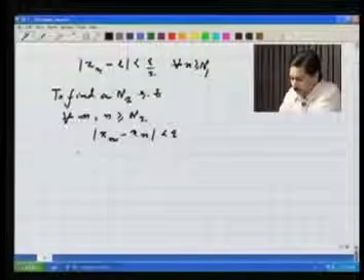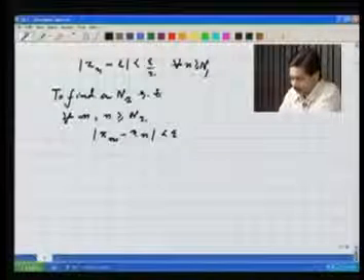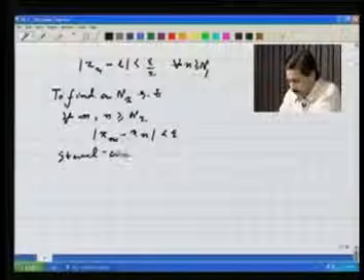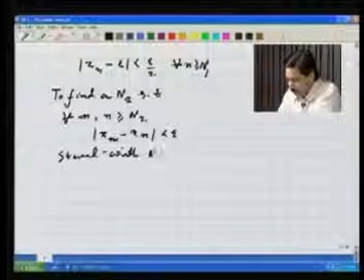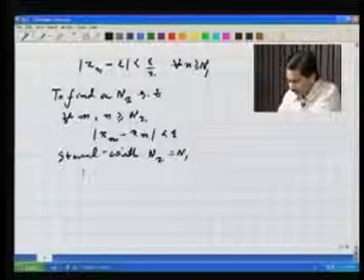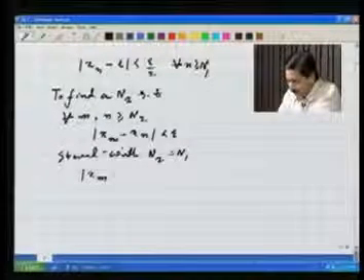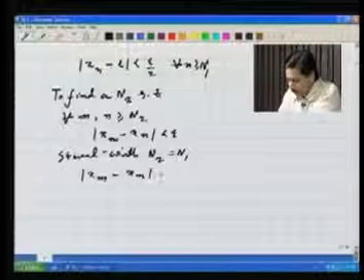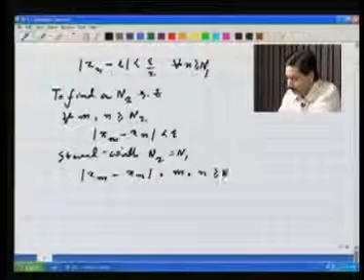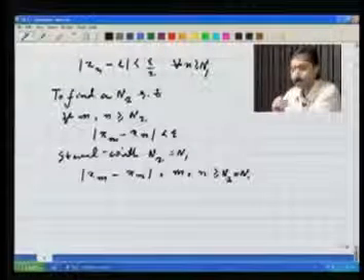Let me start by trying N2 equal to N1, and let's try to estimate the difference xm minus xn where m and n are bigger than or equal to N2, which is equal to N1.